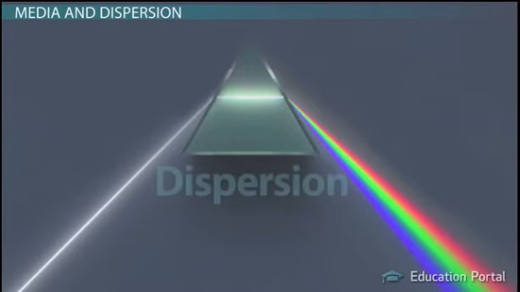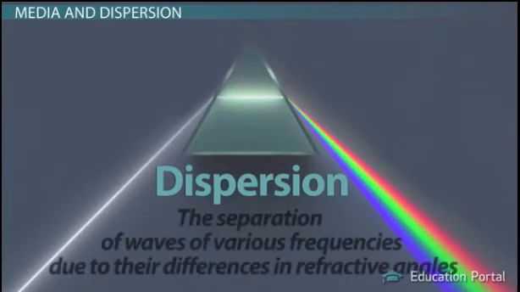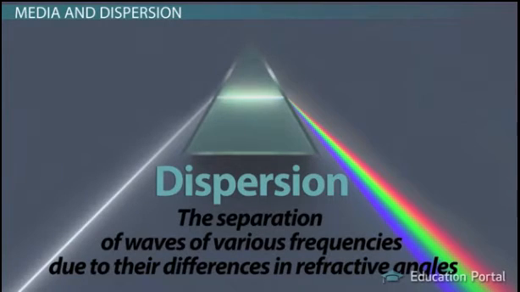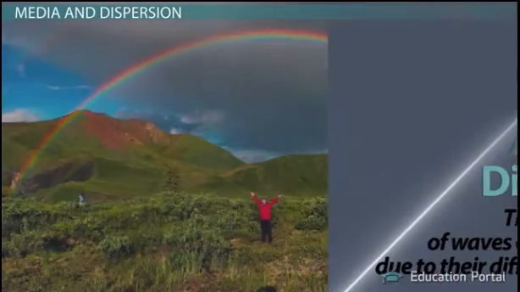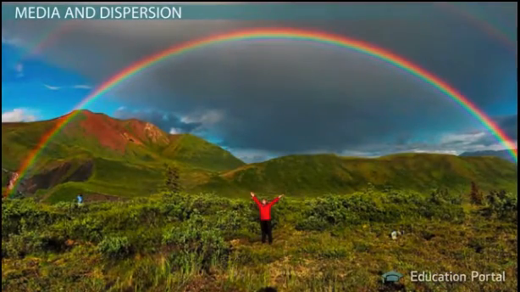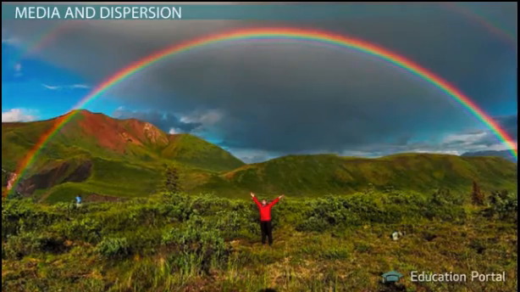The result of this phenomenon is dispersion, the separation of waves of various frequencies due to their differences in refractive angles. Dispersion is the reason we can see the color spectrum when passing white light through a prism, a crystal, or even a front door peephole. It also plays a role in creating the beautiful rainbows that we see outside.